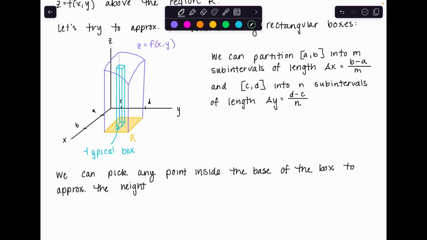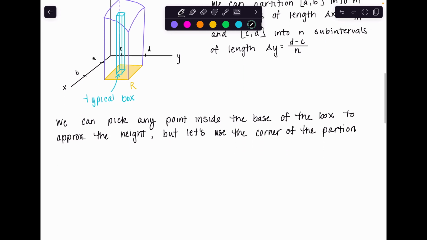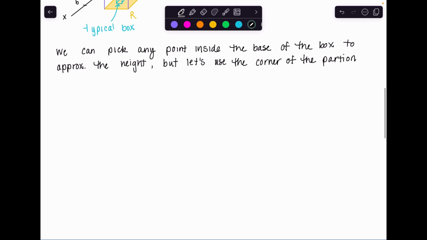So here I'm basically doing the same thing. It's going to be the top corner because it would be the rightmost x value and then the bigger of the y values. But we'll do examples where again we can use anything. But for now, let's use the corner of the partition. I'll show you what that corner looks like after I draw my grid.